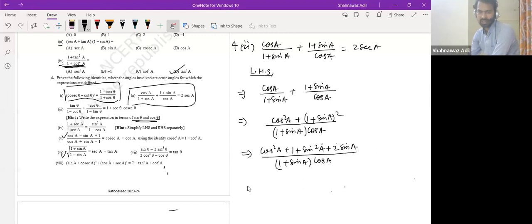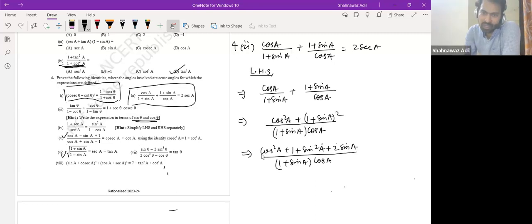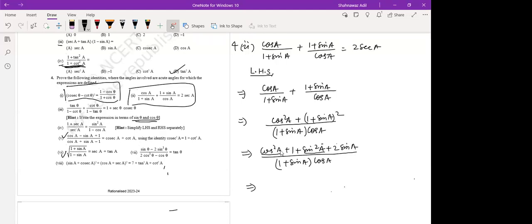Remembering those three identities, what is looking familiar in the numerator? Cos square A plus sine square A. Yes, absolutely right. Good one. So we know that cos square A plus sine square A, what is that?